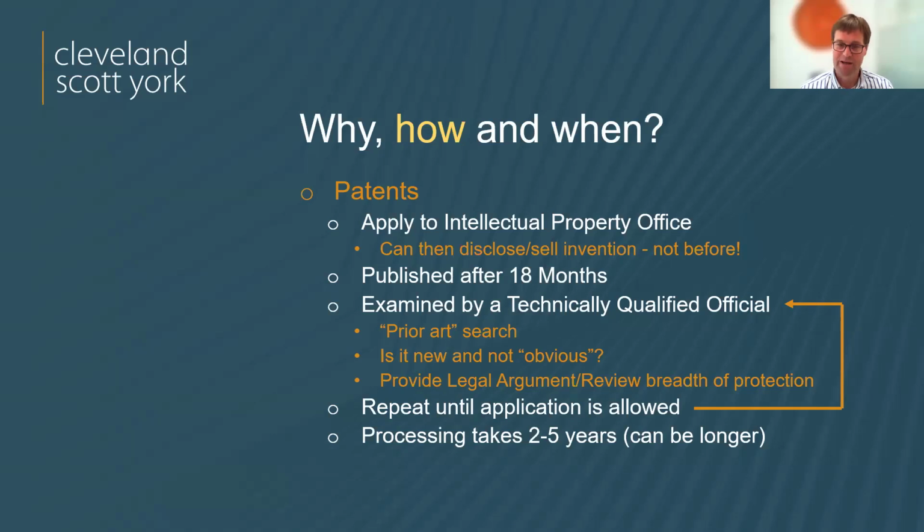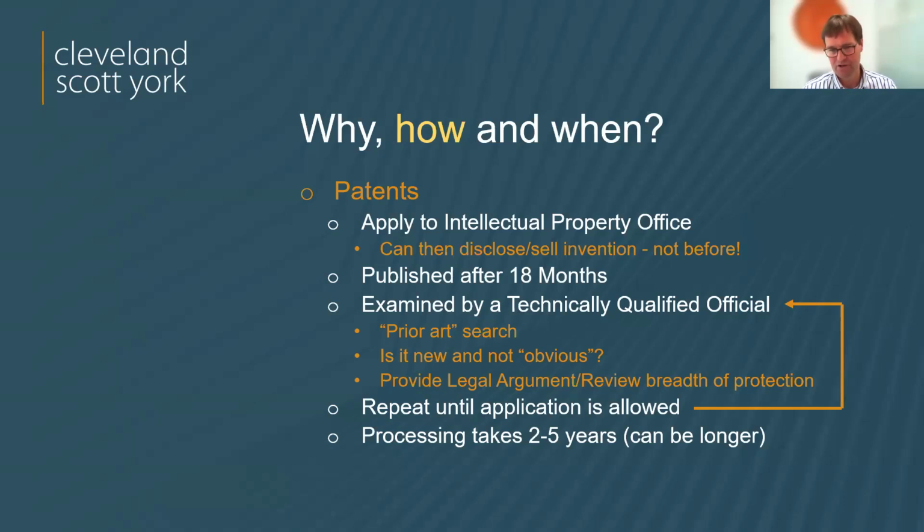Once you've applied to the patent office, we start this quite slow, in a lot of cases, process of the patent application. Initially, the patent office will usually do a search for similar technology to give you an idea of what is already out there and to give them a basis for how they will then do their examination process.